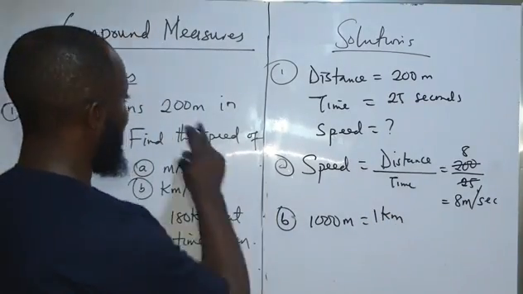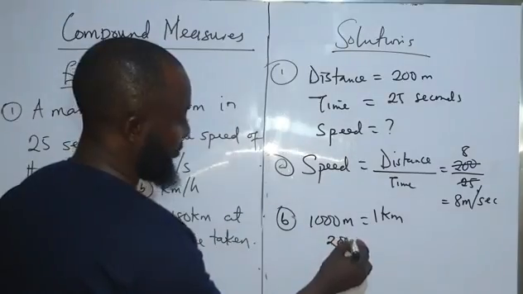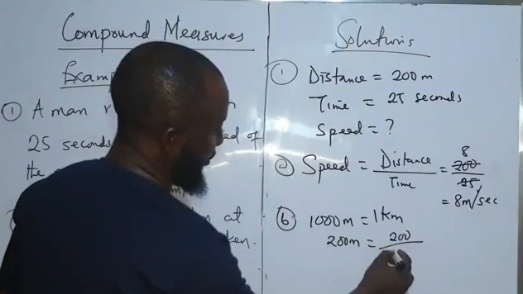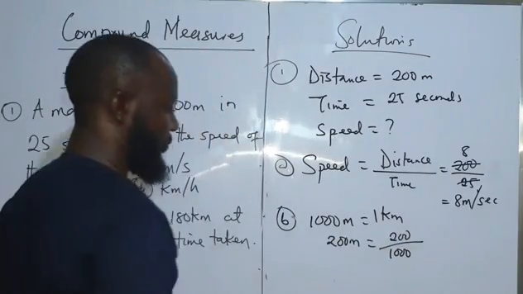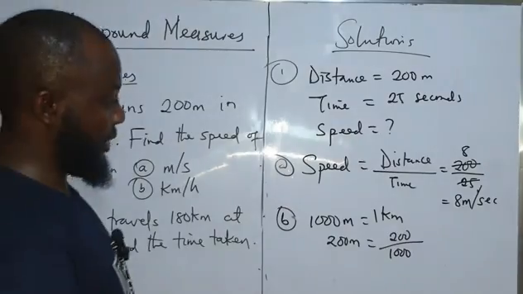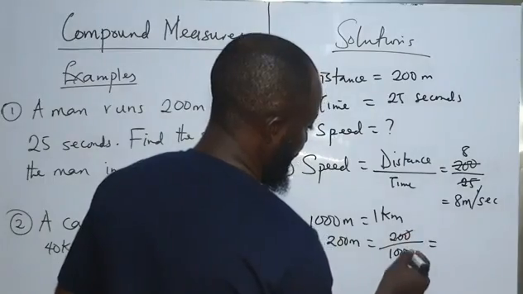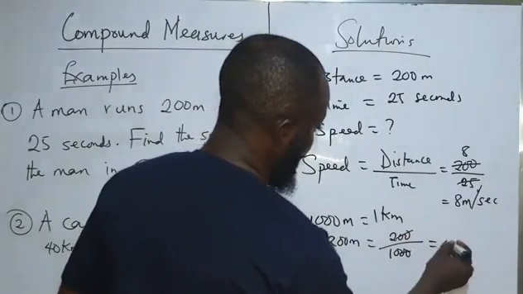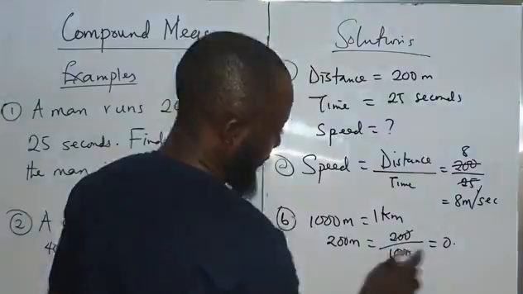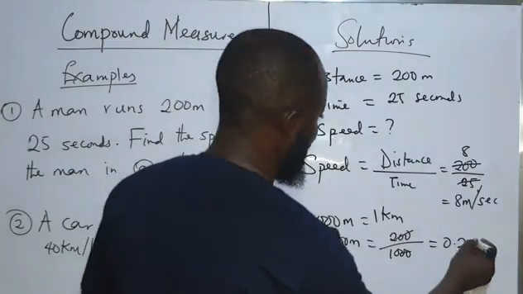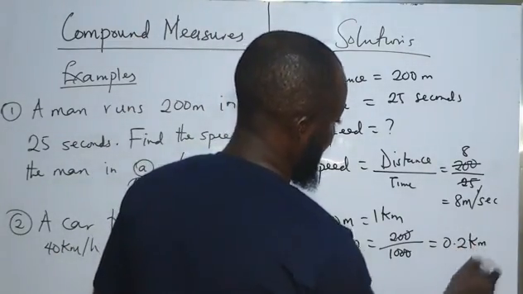So which means that these 200 meters will be what? 200 divided by 1,000 kilometers. So that will give us 0.2 kilometers.